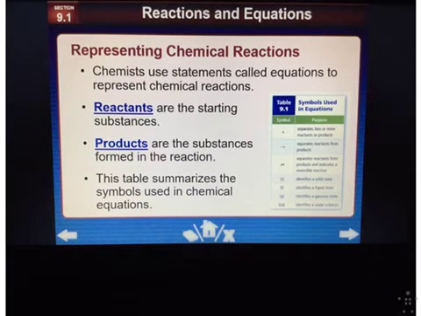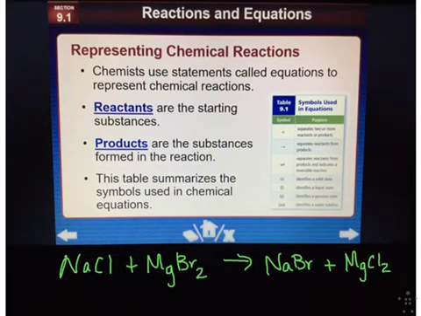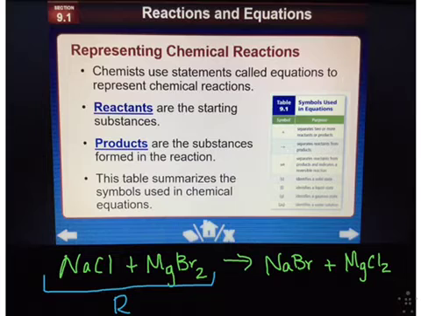So when you write a chemical reaction like this one, what that's telling you is that the starting substances, everything on the left-hand side of the arrow, are your reactants, while the substances forming the reaction, which are on the right-hand side of your reaction, are your products.